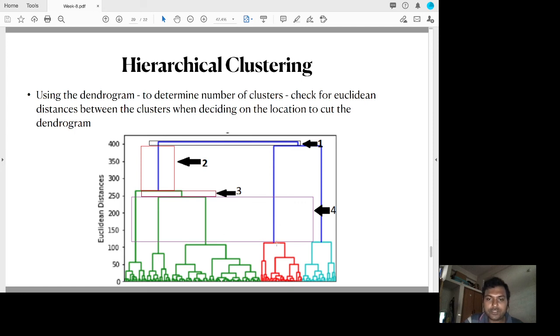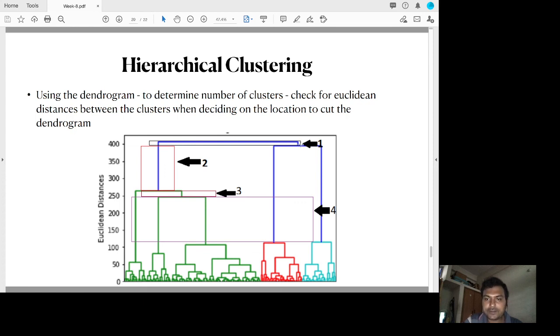Once you have these clusters, how do you decide where to cut the dendrogram? When you cut in rectangle 1, the Euclidean distance between the two clusters you get is equal to the height of this rectangle.